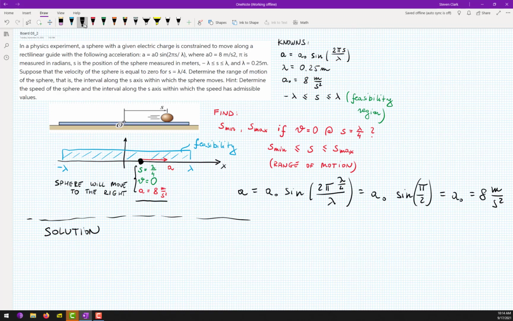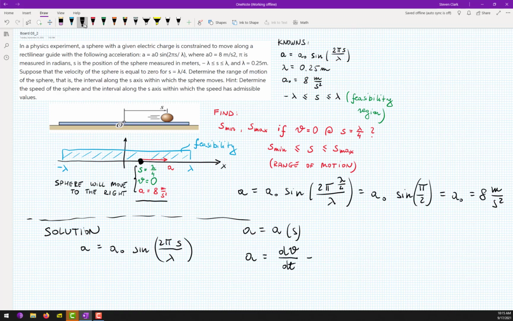So I would like to integrate right away. And please observe that in here our acceleration is a function of position. Every time I see that, I do not want to go for this definition of acceleration.